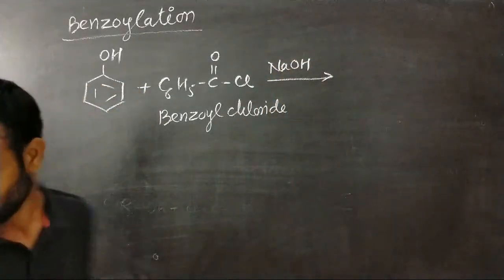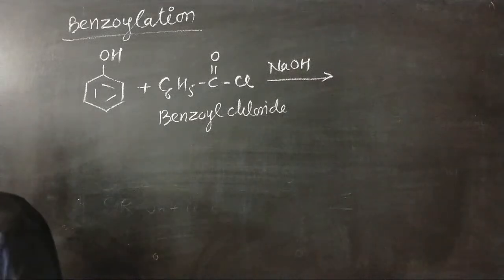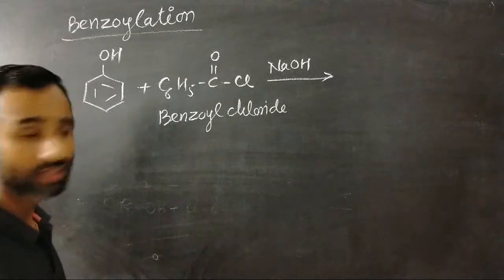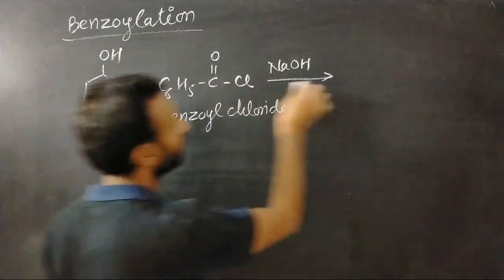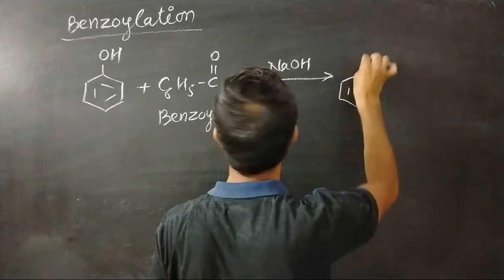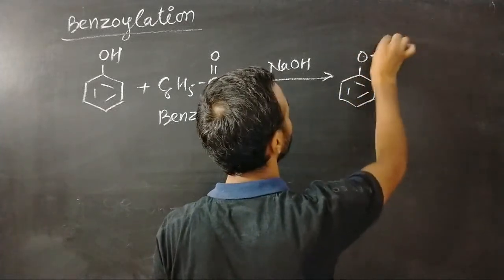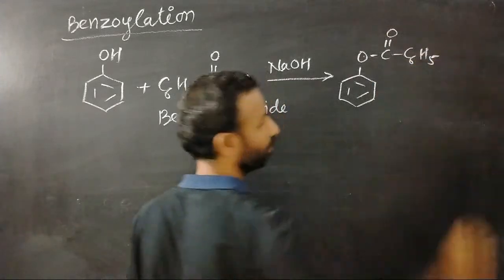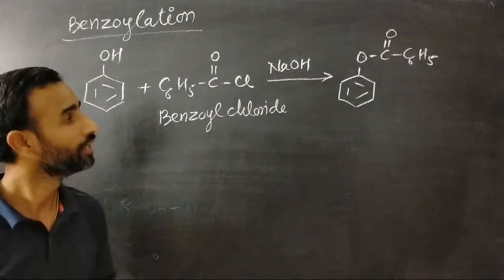So tell me, what is the product formed in this case? Just like acylation, H and Cl are removed and we get OCOC6H5.